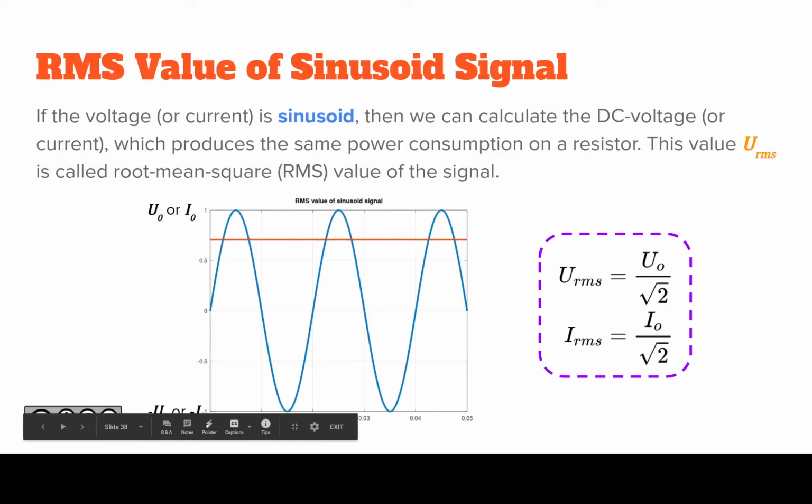To that one and talking about RMS values of sinusoid signal. So practically, if our signal source, either voltage or current, is sinusoid, basically we can now also calculate what is the effective value, so-called root mean square value of the signal.